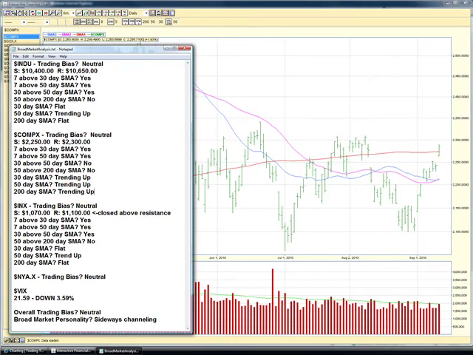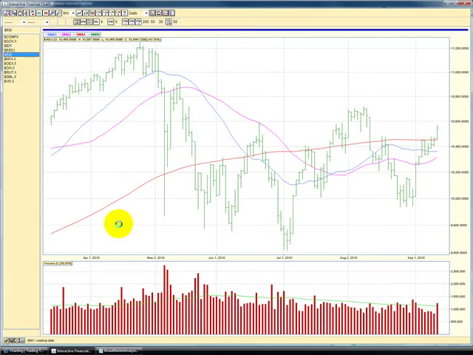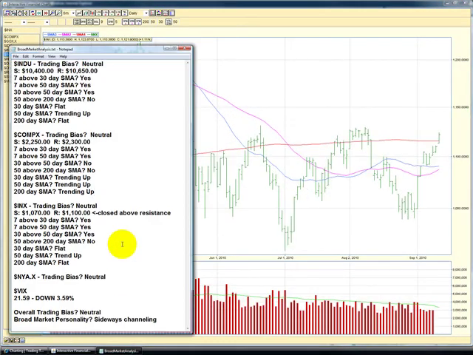All right, now we're going to take a look at the S&P 500. And we've got our neutral trading bias. And we definitely have resistance up here at about 1,130. Okay, so the 7, the 30, the 50. 30 is trending up.